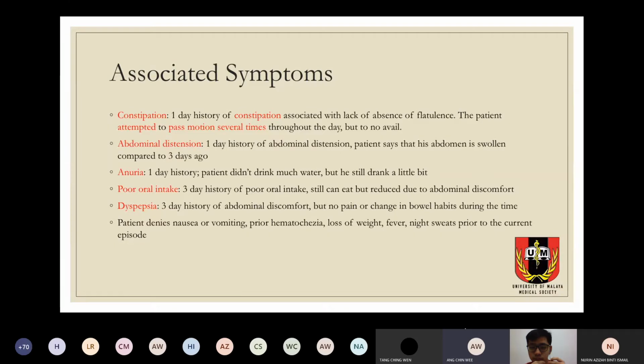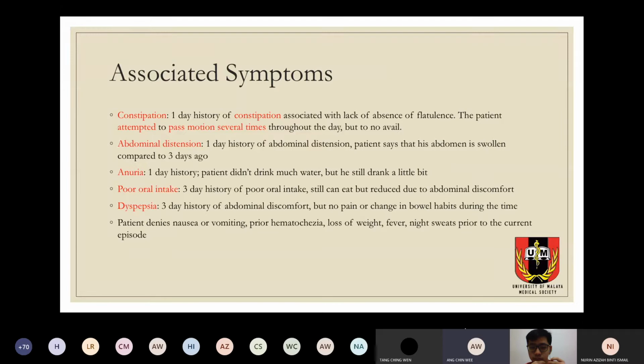Okay. So anuria, do you think a one day history of anuria is anything important? Not really. Not so focused, right? Again, because when the patient's not very well, they don't eat, they don't drink. When they don't drink as much, they also have not much urine output.